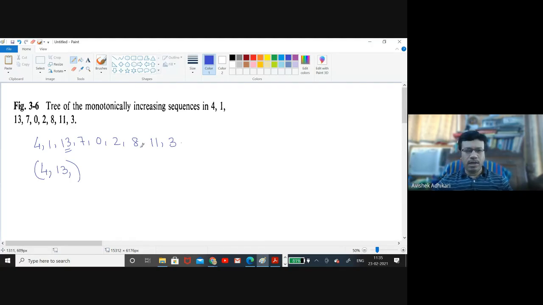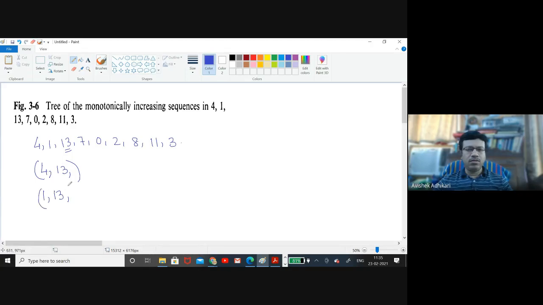Now what I want is the maximum length, and I want all the subsequences of maximum length that are monotonically increasing. For example, if I start with 1, then I can take 13. If I take 13, then I cannot take any further things, right?